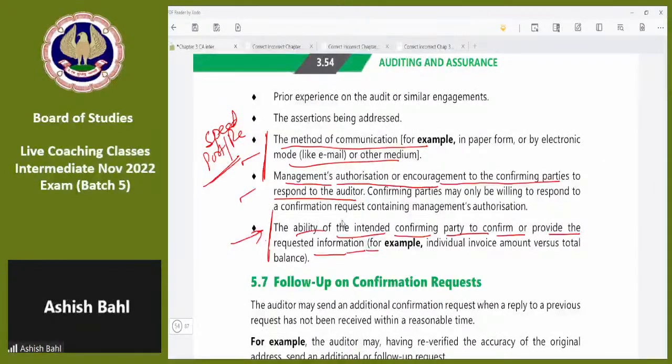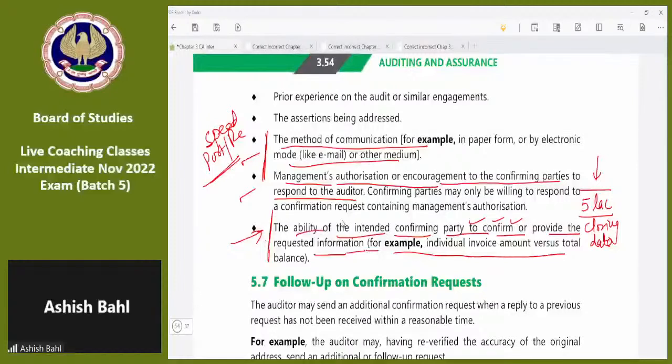Say if the auditor is asking for confirmation of a total balance, say a total balance of 5 lakh as on closing date, this is one kind of thing, but if he is asking to confirm individual invoices, then it is another kind of thing. This might be a detailed exercise.